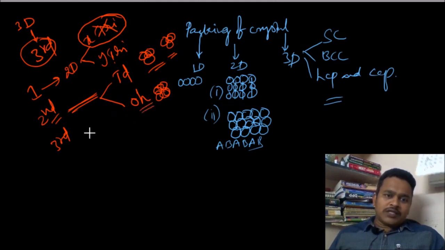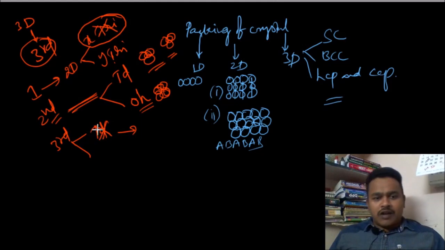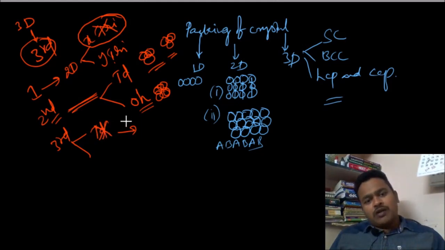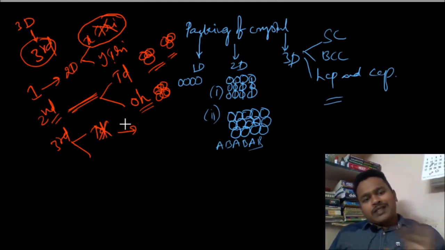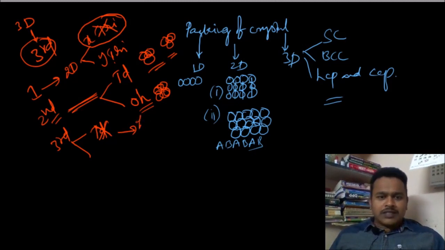Now two layers are over. How is the third layer going to form? If the third layer covers the tetrahedral voids, that system is called HCP structure.